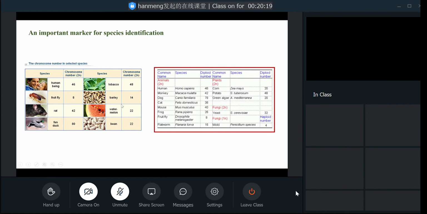So according to the chromosome number of a species, maybe you can have some knowledge of what species they belong to. But here you should know we human beings have 46 chromosomes, 23 pairs of chromosomes.